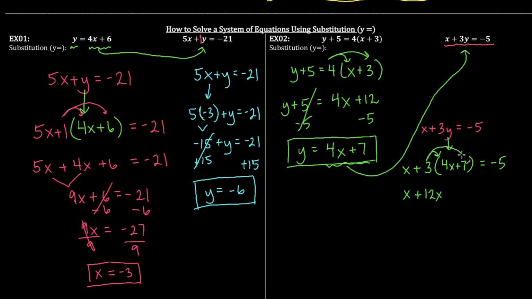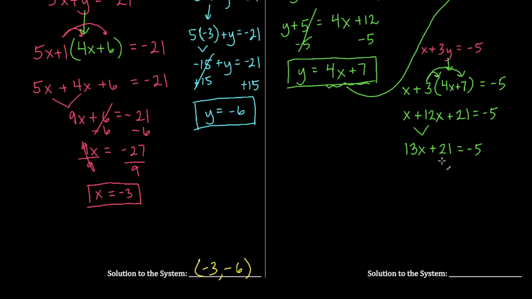And a positive times a positive is a positive 21. And then I will combine like terms, so 13x plus 21 equals negative 5.